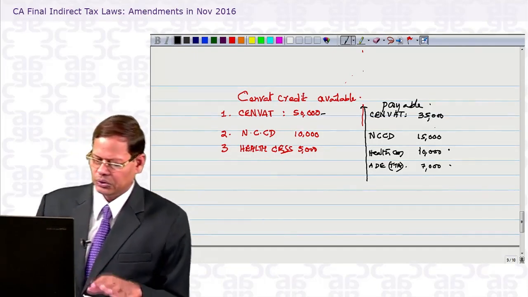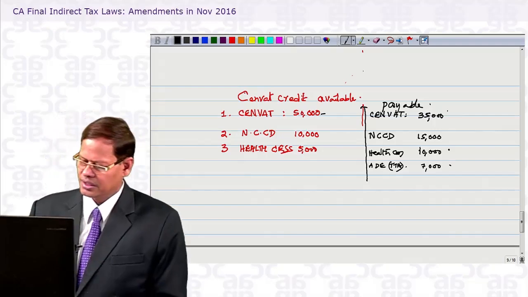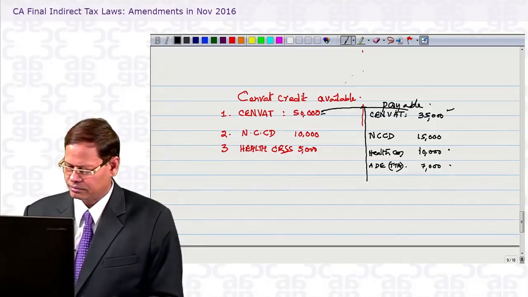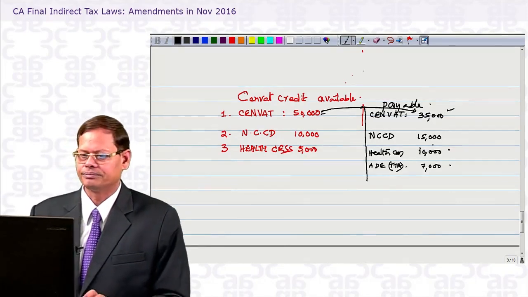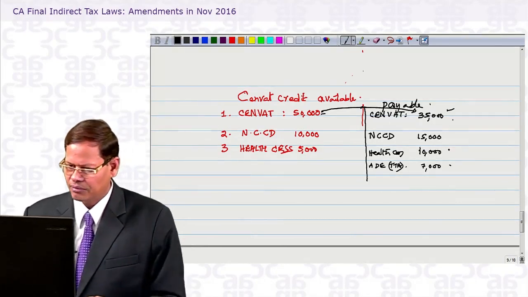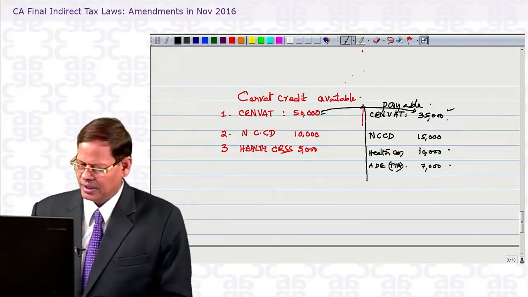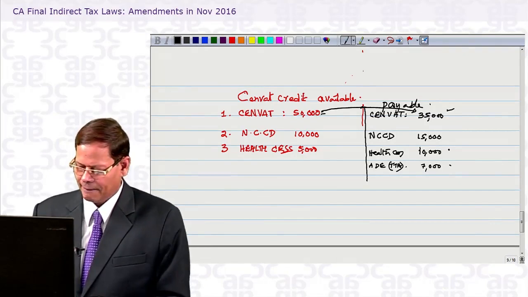Right? So now the CENVAT credit balance, this 35,000, can be used comfortably, and still 15,000 is left over. But here, the NCCD balance can be used only for NCCD.